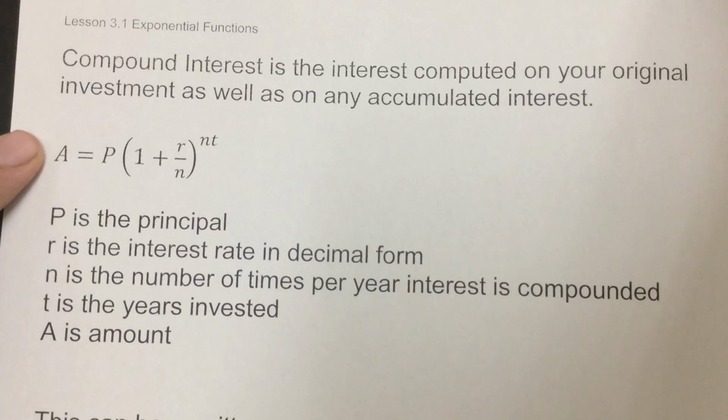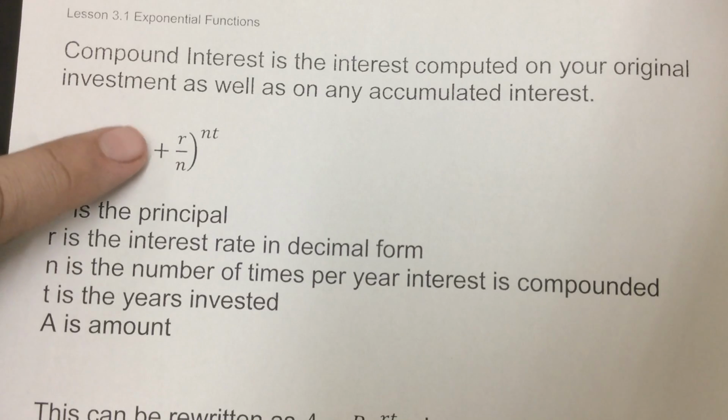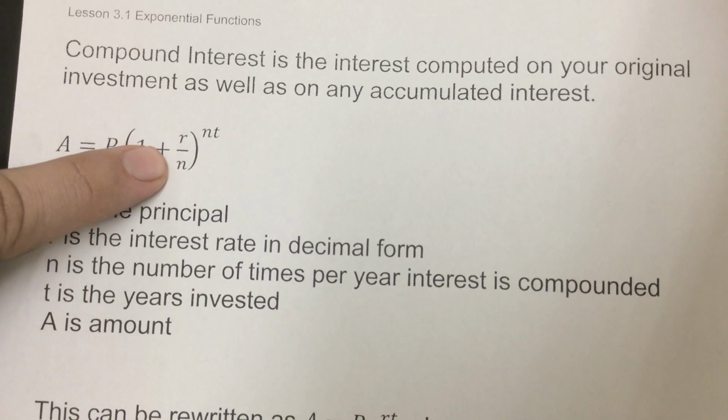So A is going to be our amount, equals P, our principal, the amount that you're going to put in, times 1 plus r. r is your interest rate, but it needs to be a decimal, so you have to convert it from a percent to a decimal. Over n, which is the number of times per year it's compounded.